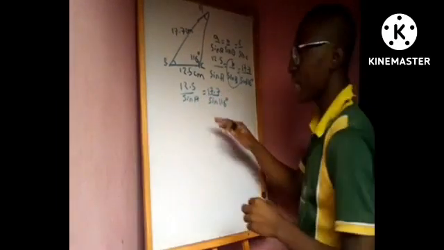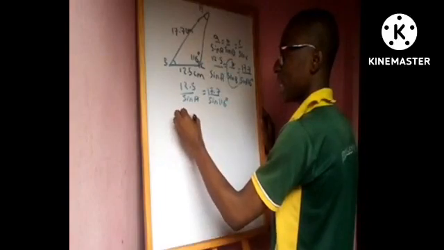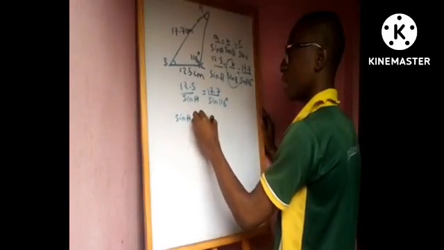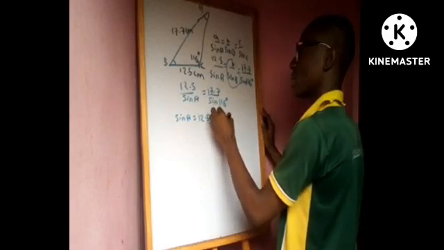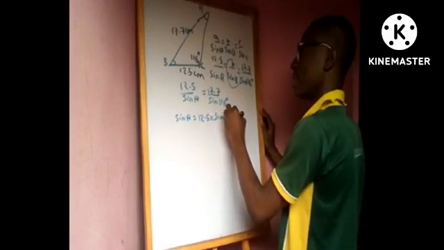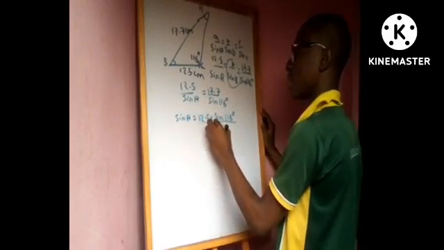So now we can make sine A the subject by saying sine A equals 12.5 times sine 116 degrees divided by 17.7.